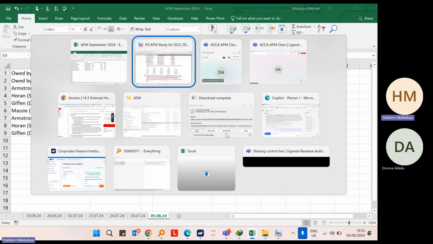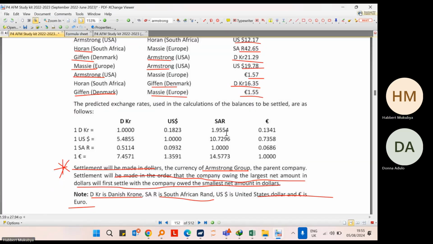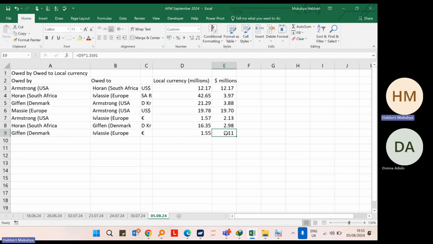But remember, they're saying the company owing the largest net amount. So which company is owing the largest amount? The company owing the largest amount is Mercy. Then the company which is owed the smallest amount is Giffen.